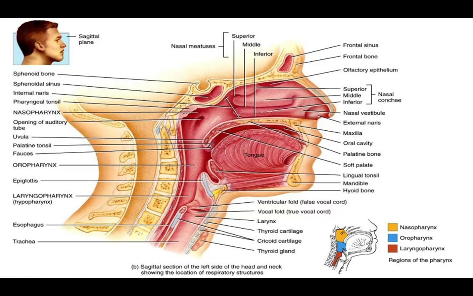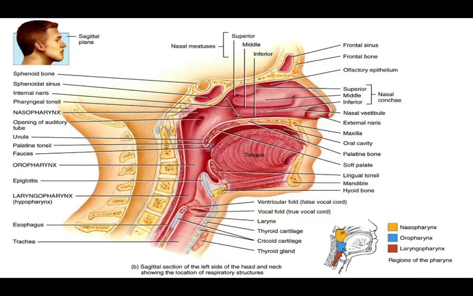The thing about the oropharynx is that because it is right behind the oral cavity, it's not just going to have respiratory function, it's also going to have digestive function. And because food is actually going to be passing through it, there's risk for the tissue to be torn because of food particles and abrasion.